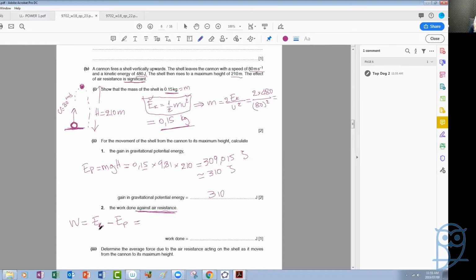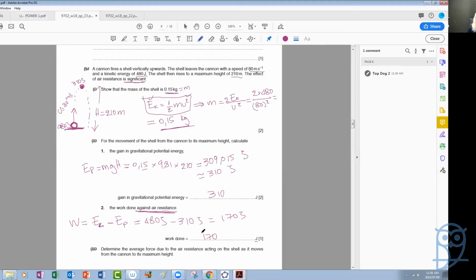You see that it's less at the top because some was lost. The difference between those 2 is 170 joules, isn't it? So the work done against the air resistance is 170 joules. Here's the unit, joule. So I hope you understand that.